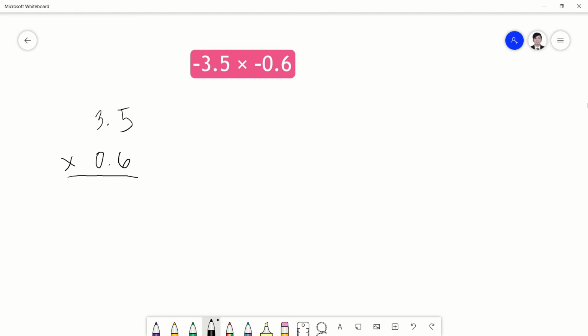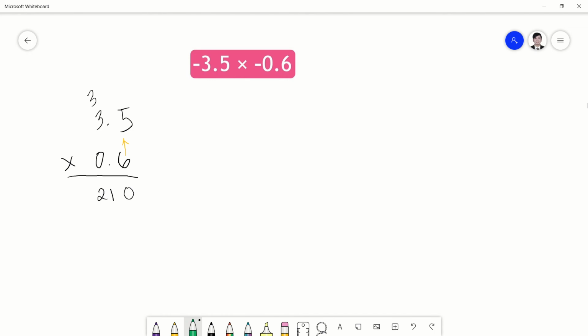For the moment, the sign will not matter when we multiply. What we've learned in grade school still applies. First, we deal with 6. We multiply 6 to 5. 6 times 5 is 30. So we put 0, carry the 3. Then 6 times 3 is 18 plus 3 is 21.